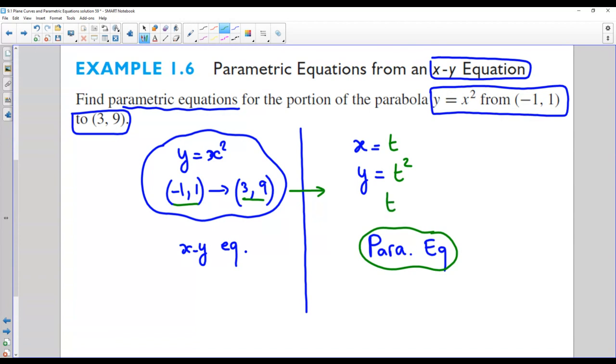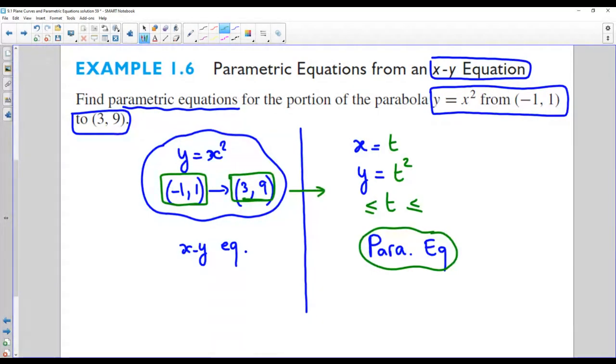Parametric equations often have this value of t from where to where. So what is the interval for t, between what value and what value? For that, you need to look at these two points.